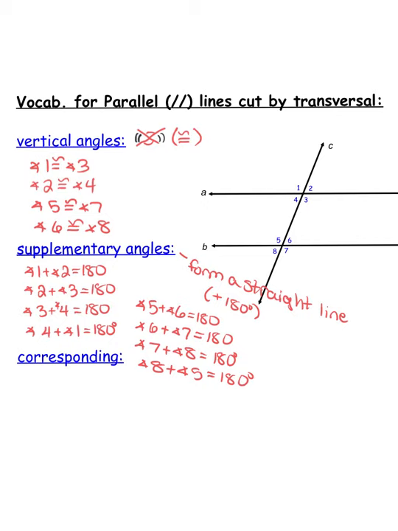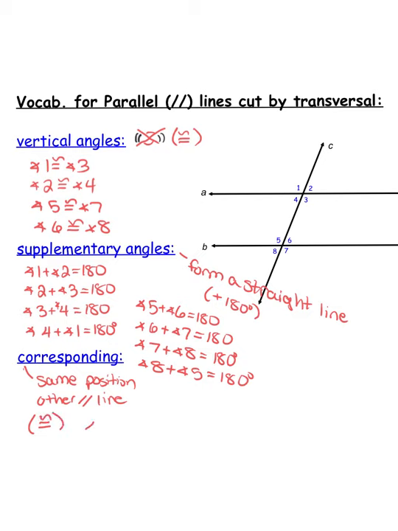The next vocabulary word that we have is corresponding. Corresponding means same position, other parallel line. And corresponding angles are congruent.